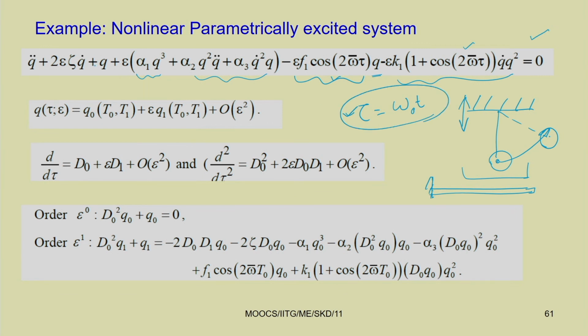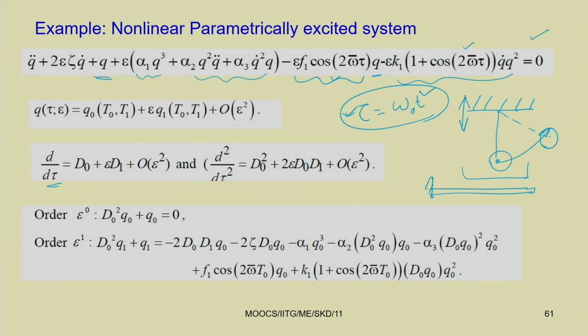You can have the term k by m equal to omega 0 square. Now d square by d t square can be written as omega 0 square d square by d tau square. Dividing that term everywhere, the coefficient of q becomes 1. That is why we are using the non-dimensional time tau here instead of the real time t.